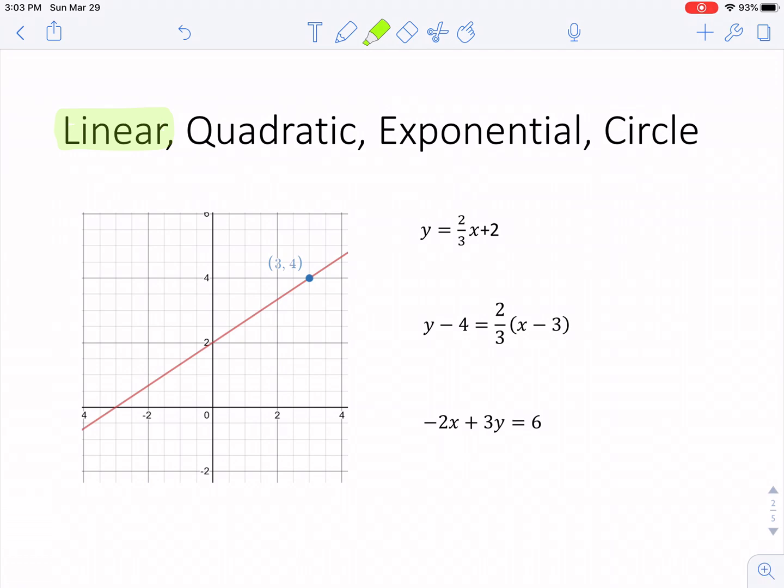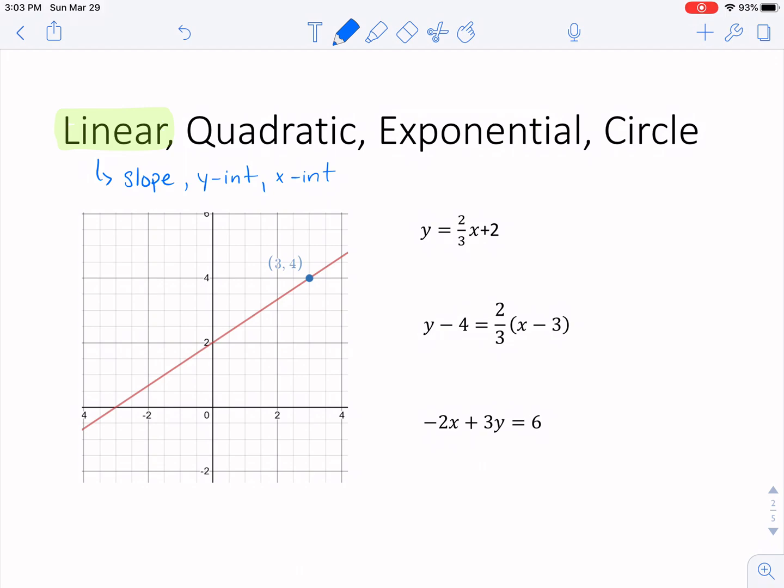What are important pieces of information that we get in linear functions? If you said slope, you are correct. If you said y-intercept, you are correct. If you said x-intercepts, you are also correct. All of those are important parts of linear equations.